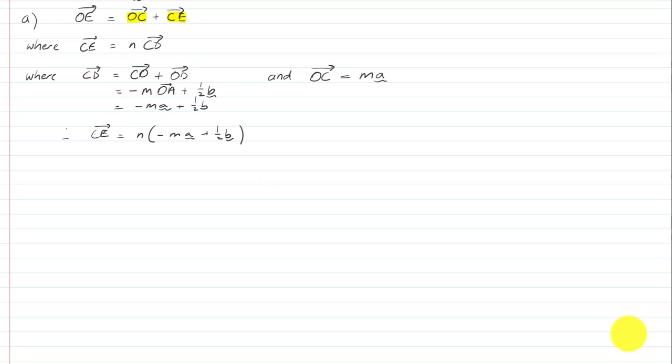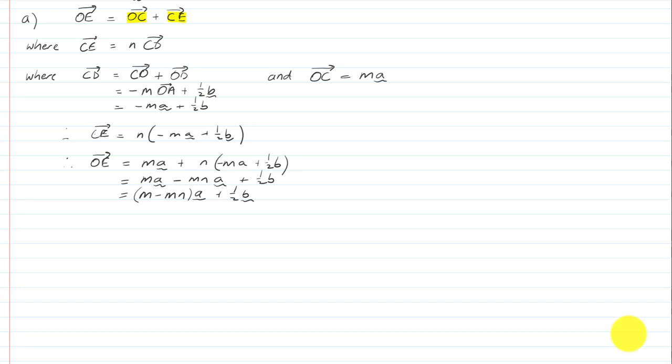And so I can say, therefore, OE is equal to MA, which is my OC, plus N times MA, except that's negative, plus a half B. And that's going to be equal to MA minus MNA plus a half B. And to write it fully in vector form, I get M minus MN A plus a half B.